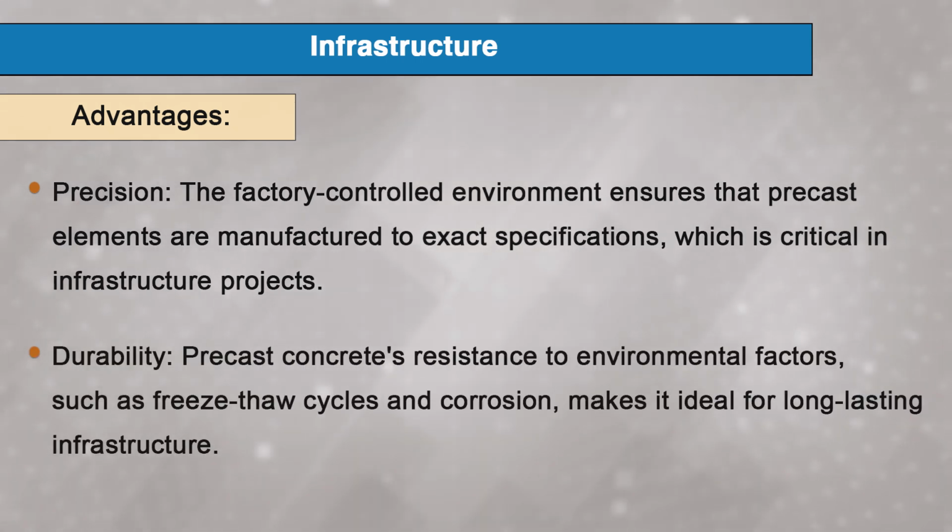And if we talk about the durability, precast concrete's resistance to environmental factors such as freeze thaw cycles and corrosion makes it ideal for long lasting infrastructure. If we take one example, a precast bridge deck can be installed rapidly, reducing the disruption to traffic and the environment during construction, while providing a long lasting solution for the roadway.